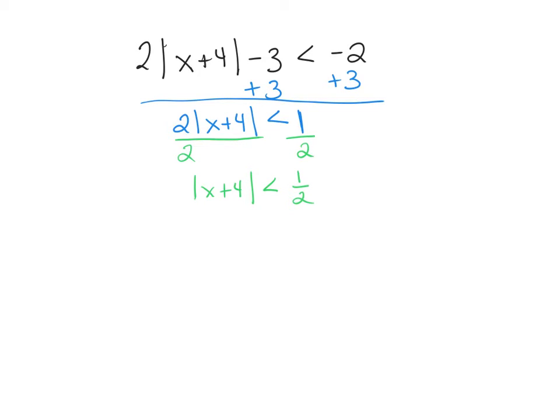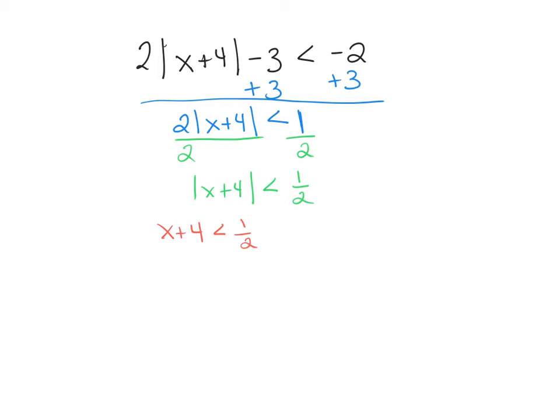Now we're at a point when we have nothing outside that absolute value sign. Now we're at a point where we can undo the absolute value. Remember, undoing the absolute value is what makes us do something to the other side. So the first thing you do is you write it as you see it. x plus 4 is less than 1/2.